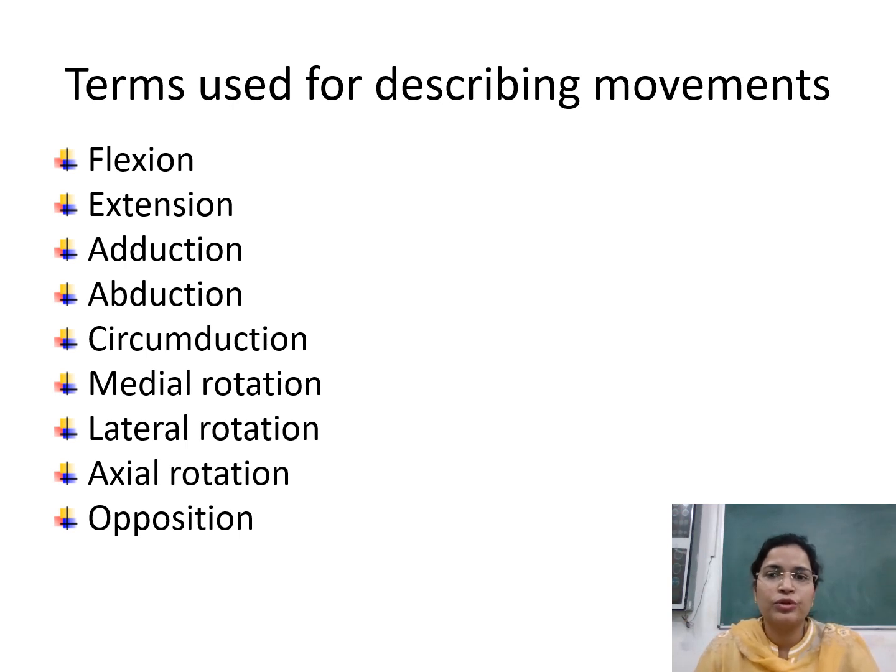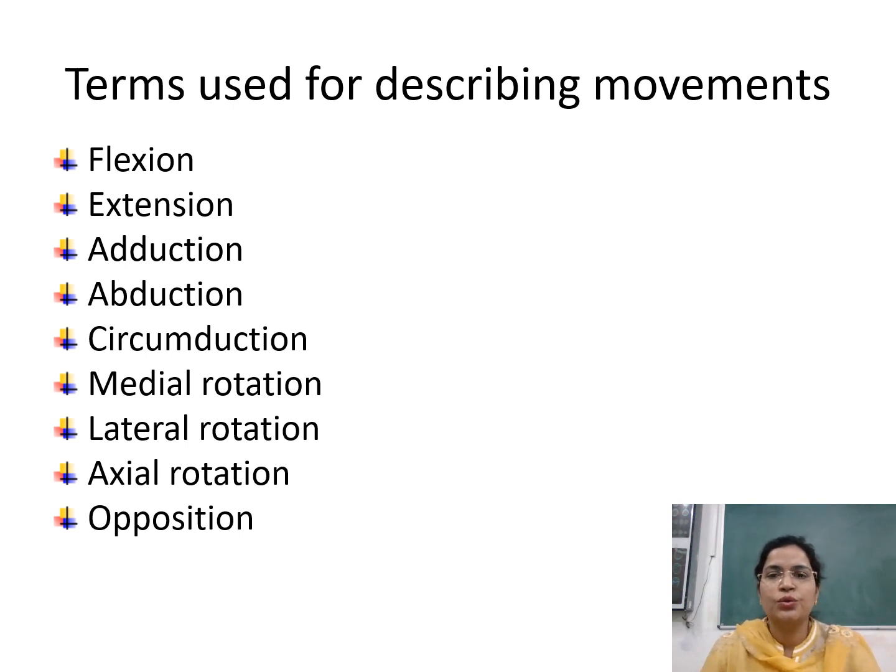And then for the limbs again, what is the plantar aspect, what is the palmar aspect, then the radial border, ulnar border, pre-axial, post-axial, and the terms used for describing movements.